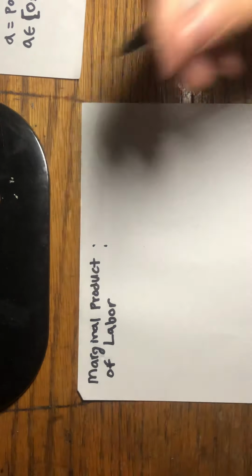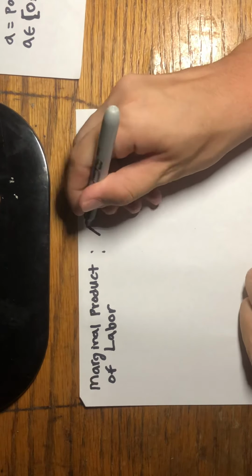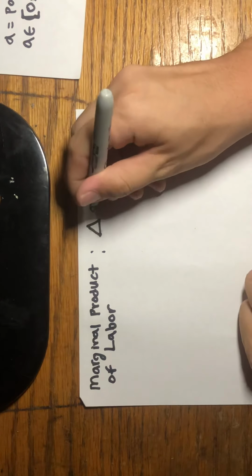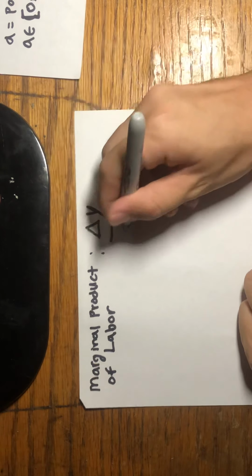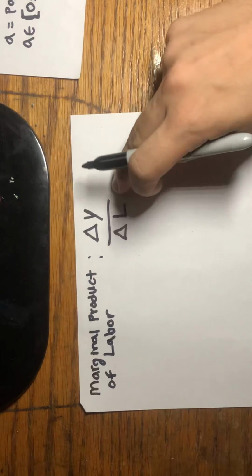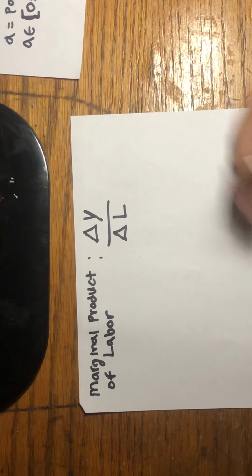So this is just review from Econ 130 and Econ 131, where we look at to see the change, which is represented by this triangle, the change in output over the change of labor. So what this is basically saying is that when labor increases, at what rate is output increasing?